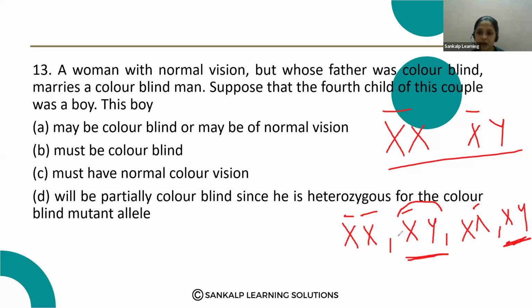He may be colorblind or may have normal vision. Normal vision is also possible, right? He must be colorblind, he must not be colorblind, because normal is also possible. He cannot be said to must have normal vision because there may be a chance of the defective X. So this is the condition.